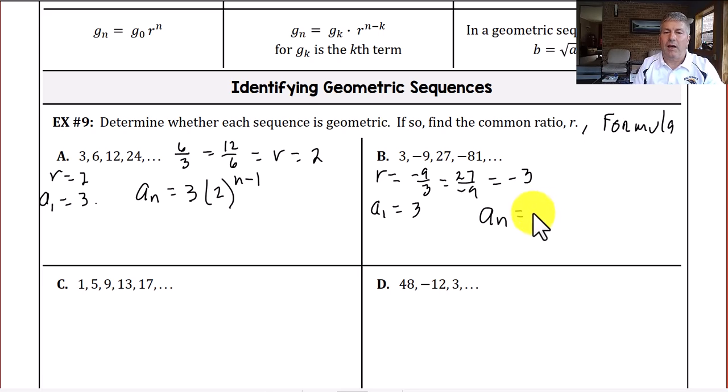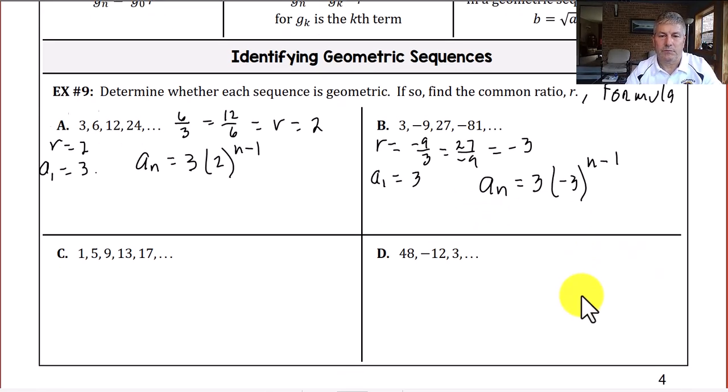So our formula is a sub n equals 3, our first term, times negative 3, again raised to the n minus 1. Because when n is 1, negative 3 to the 0 power is 1, we get 3. And then when our second term, we go 2 minus 1, so we get negative 3 to the first power, so that's negative 3 times 3 gives us a negative 9. That formula is going to work.